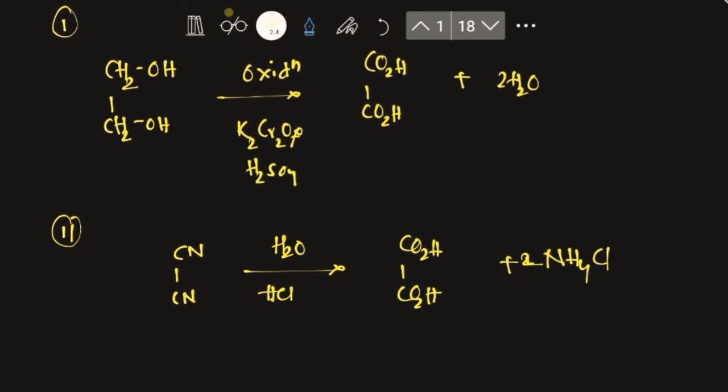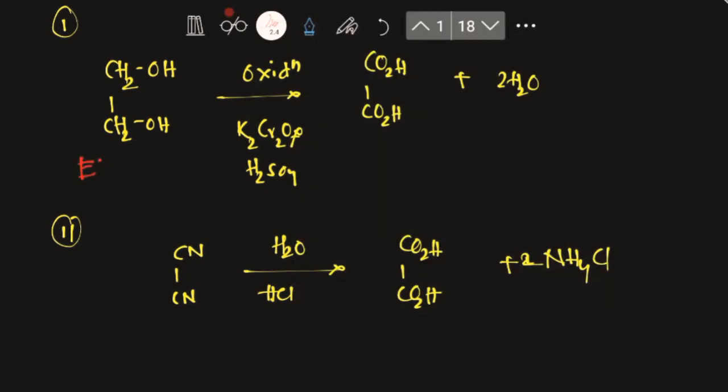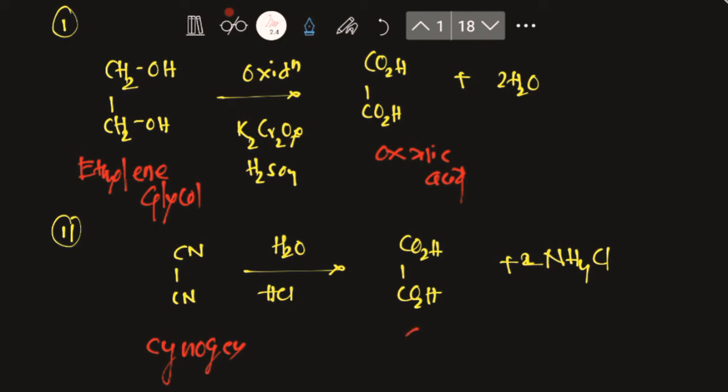So these are the two simple methods to prepare oxalic acid: first from ethylene glycol, and second from cyanogen. And this is your compound, oxalic acid.